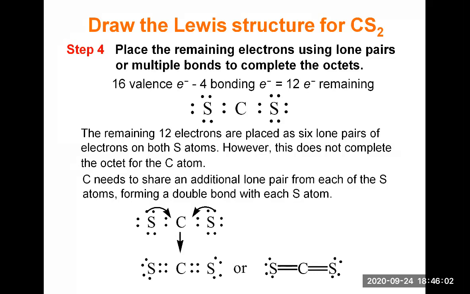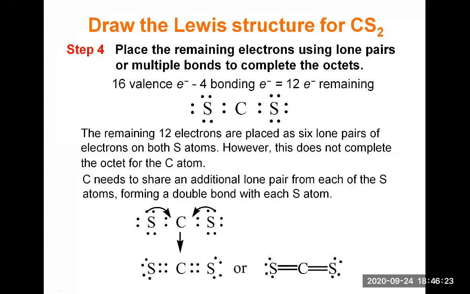So then there will be not only 2, but 4 electrons between the carbon and each sulfur. So 4 electrons on the left, 4 electrons on the right of carbon. And as I said, I don't want you to leave it like this with dots. I want you to make a double line for a double bond.